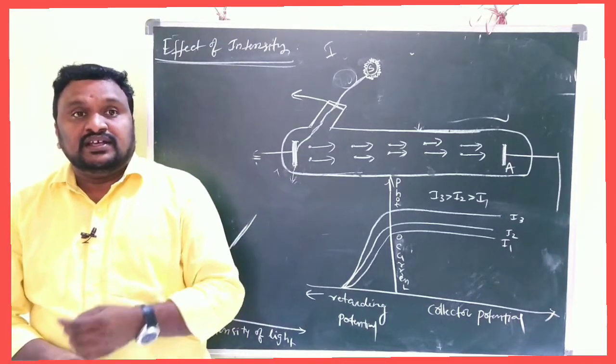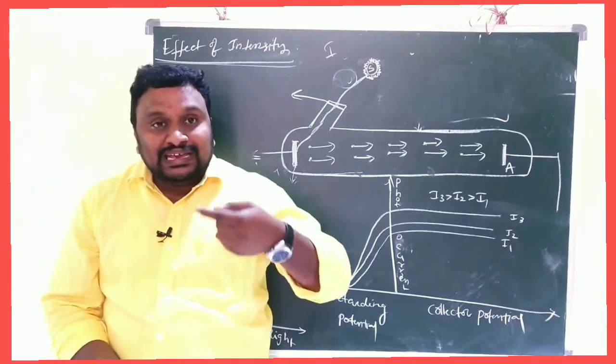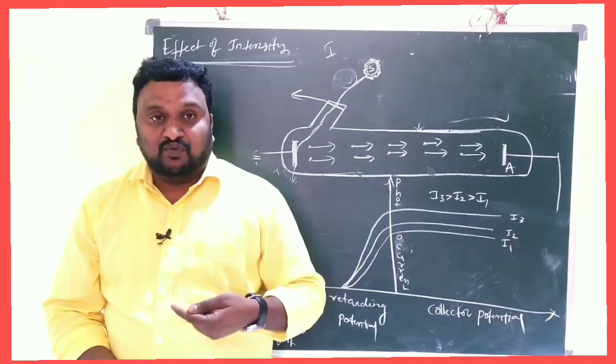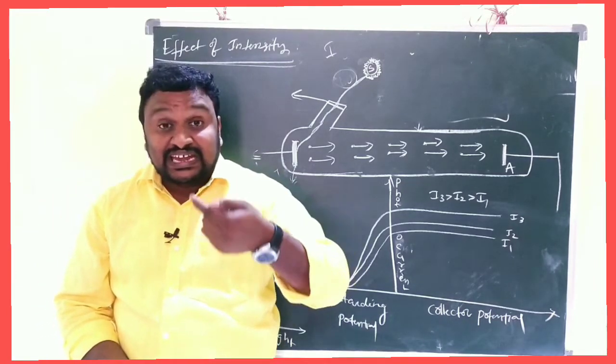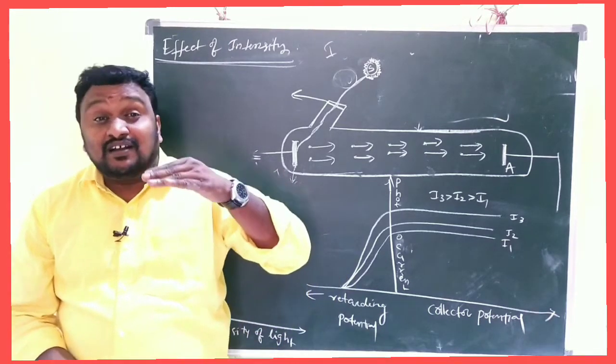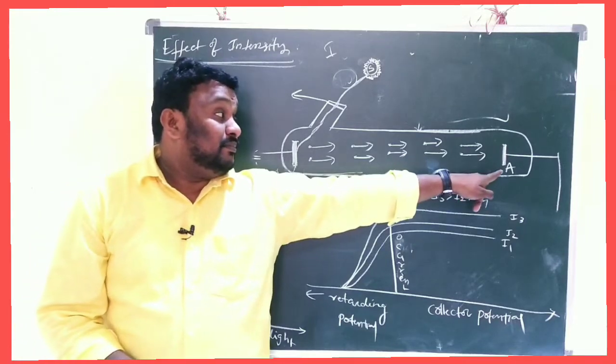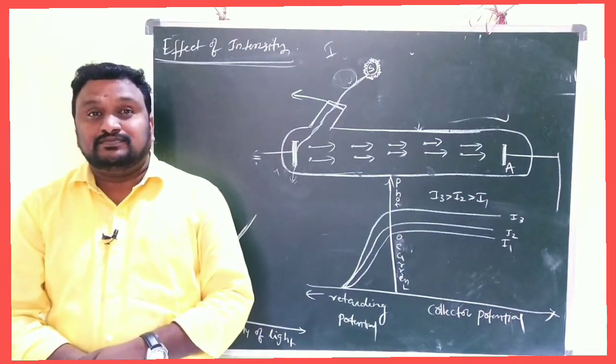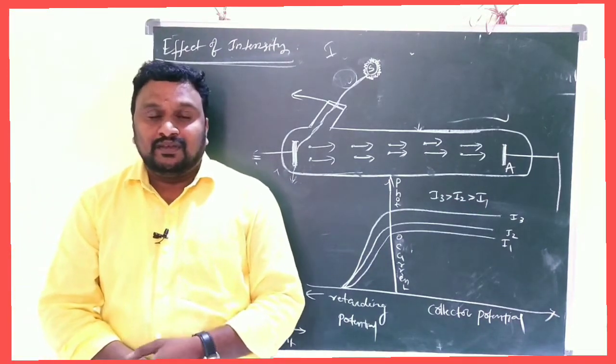Clear, children? So while we are increasing the intensity, the number of electrons received by the A also increases. Got my point?